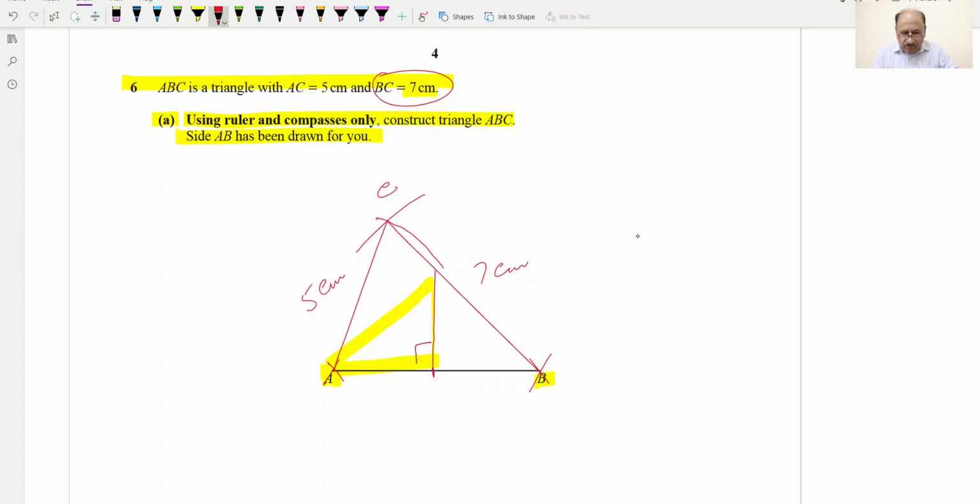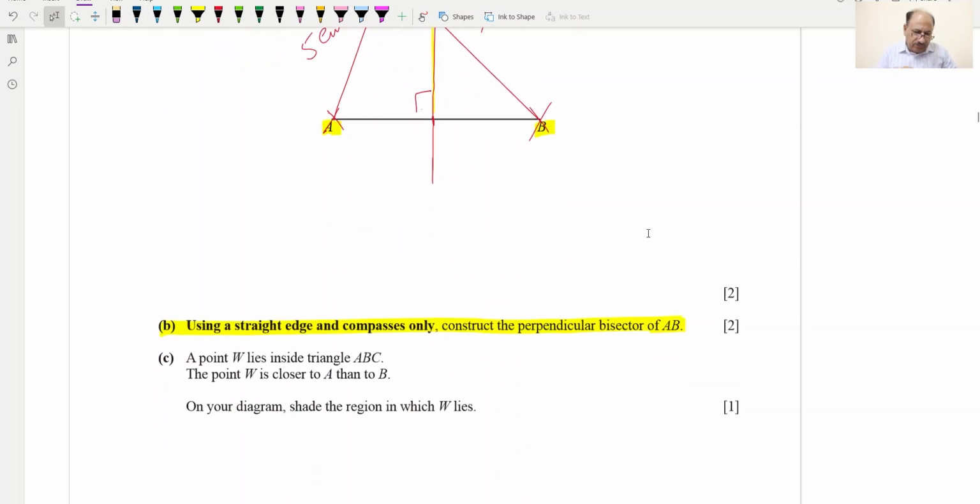This is the perpendicular bisector of this, and now we can erase this drawing. Okay, so this is done. Now we have drawn the perpendicular bisector.